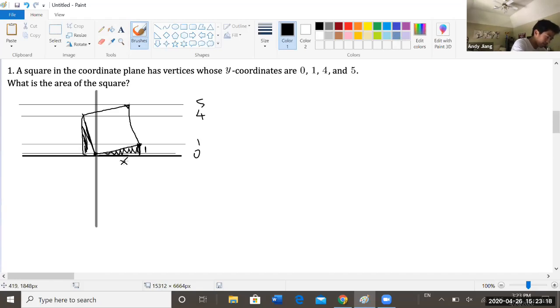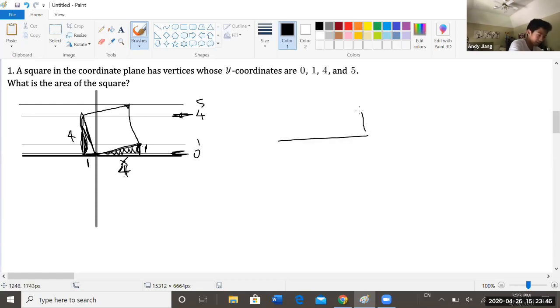This one has a length that I don't know, but a height of 4. So I know that this has to be 1 and x has to be 4. And I know this was 4 because it lies on this line and that line, so 4 minus 0. So this is a right triangle with sides 1, 4, and something.